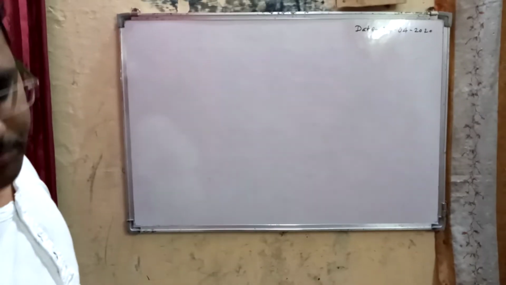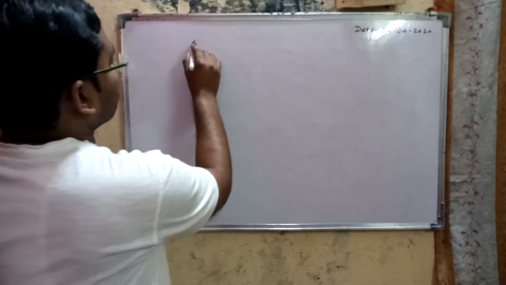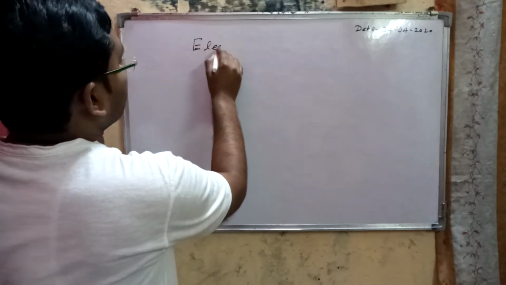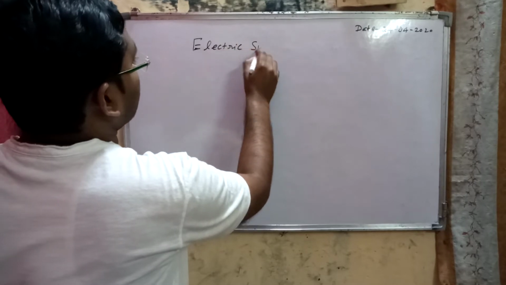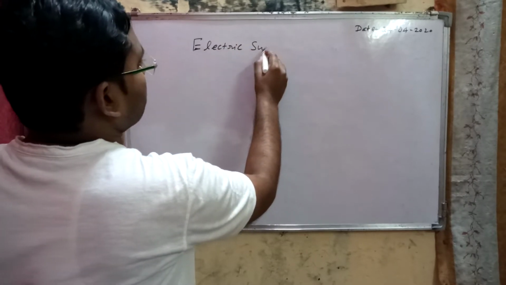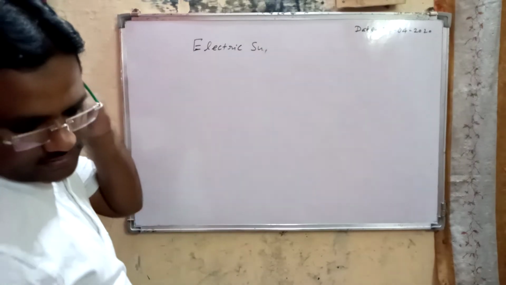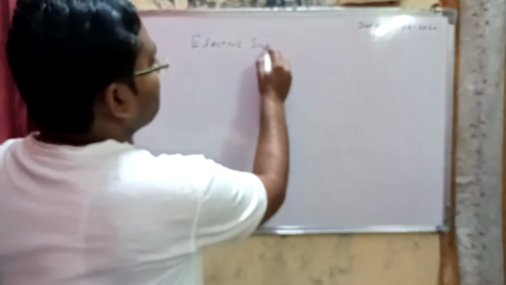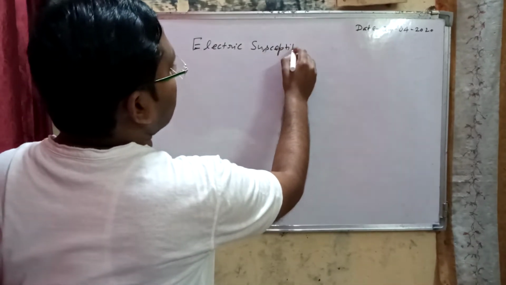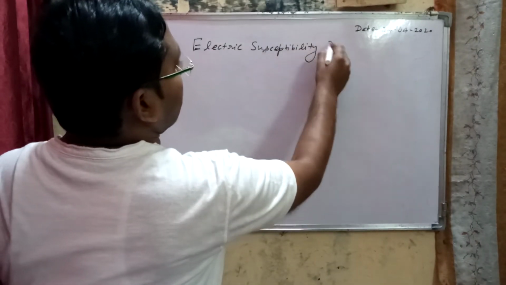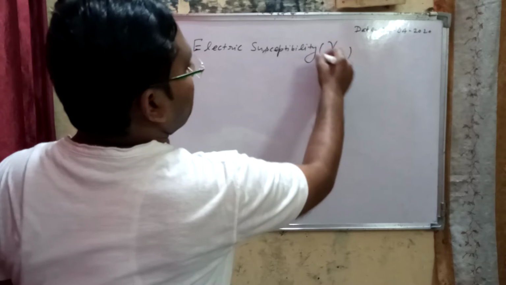Now here the next topic is electric susceptibility. This one is represented by chi.